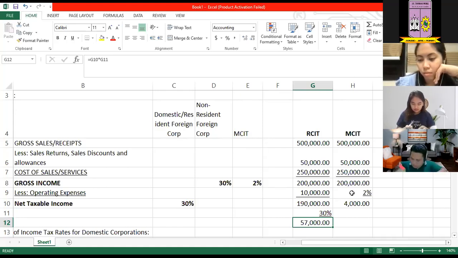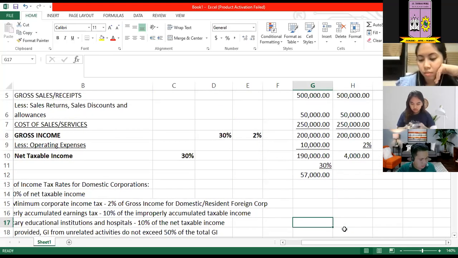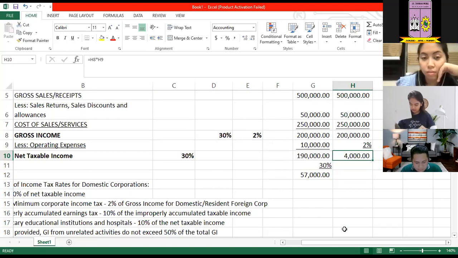Okay, just remember the essence ng MCIT. Hindi naman kailangan na mag-complicate tayo dyan. Basta yun yung purpose niya. Balikan natin yung purpose ng MCIT. 'Di ba dapat inimpose yung MCIT kasi para maiwasan yung under-declaration of income. Kasi nga nasa 4 years ka na sa operation, losses ka pa rin.